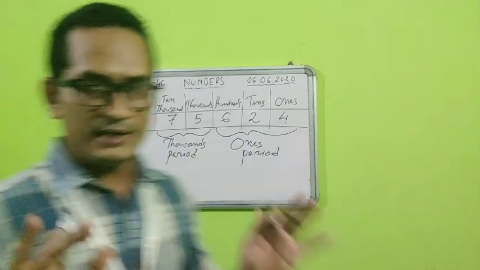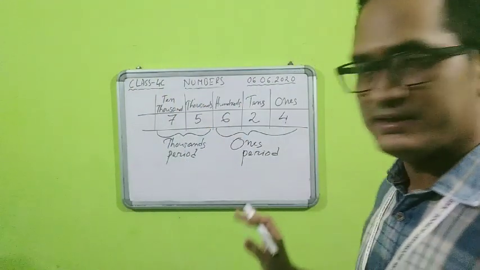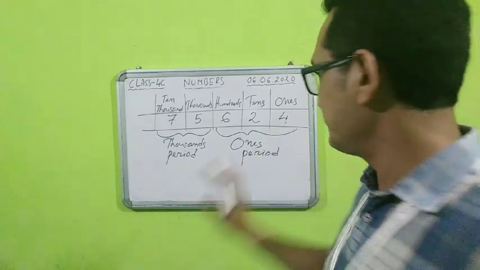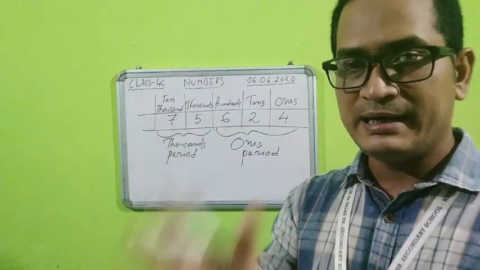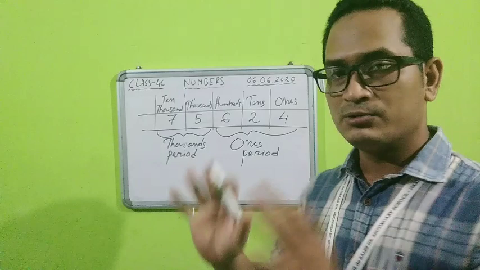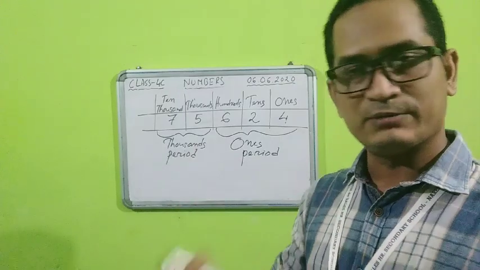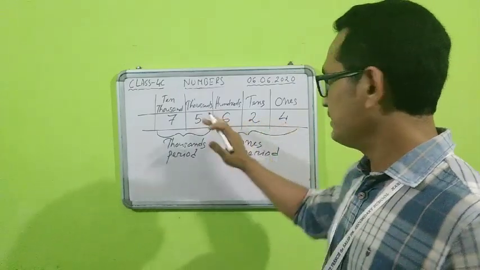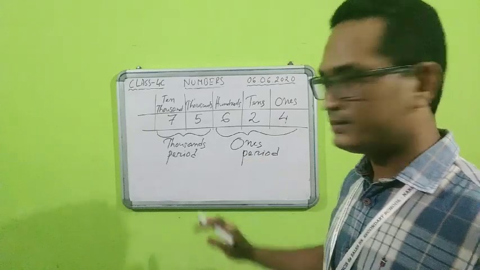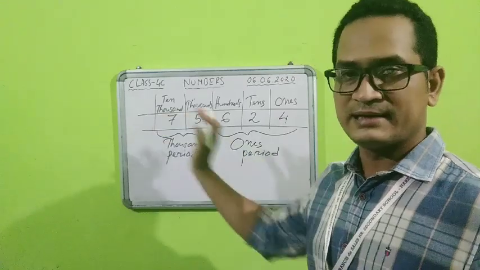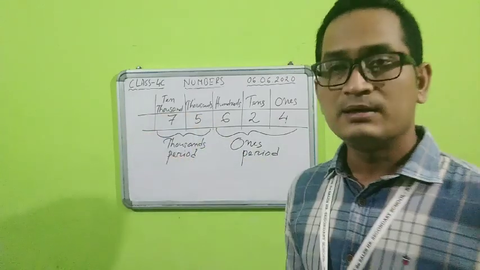Students, we have to remember these periods especially, because if we remember them, we can easily read the number name of a 5-digit number. The first 3 places are known as the ones period, and the next 2 places, the extreme left, are known as the thousands period.